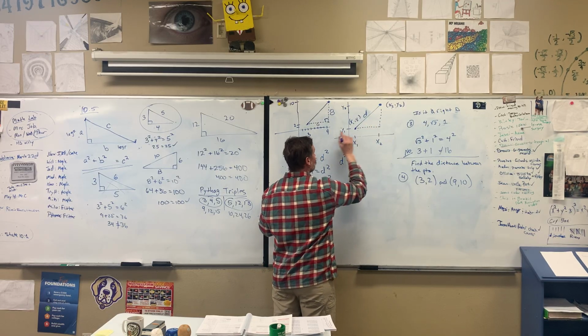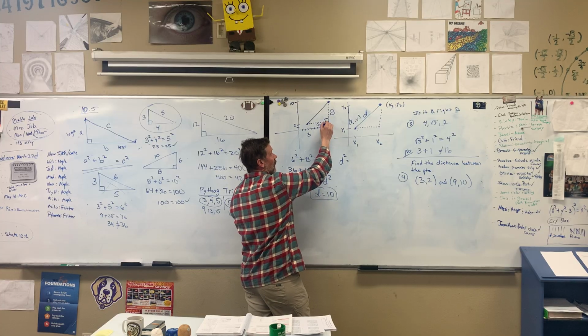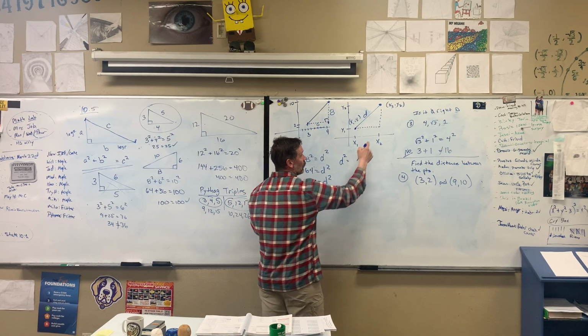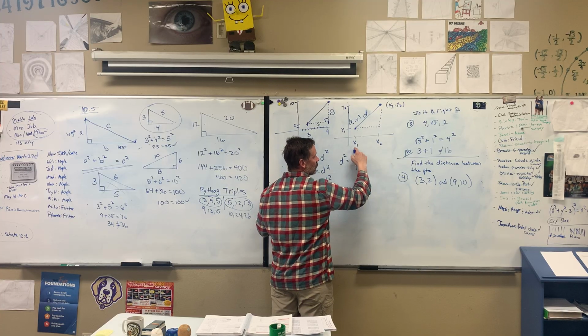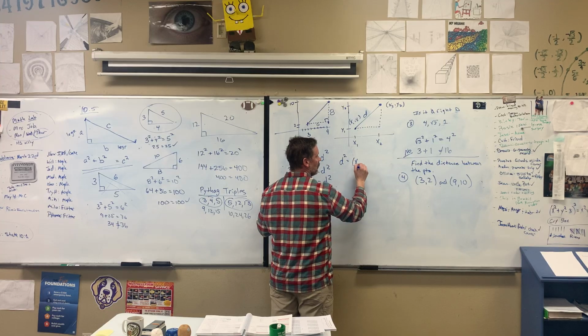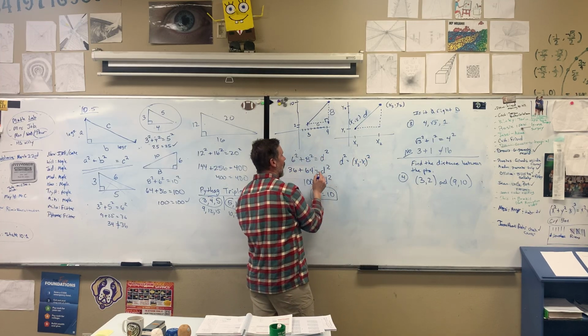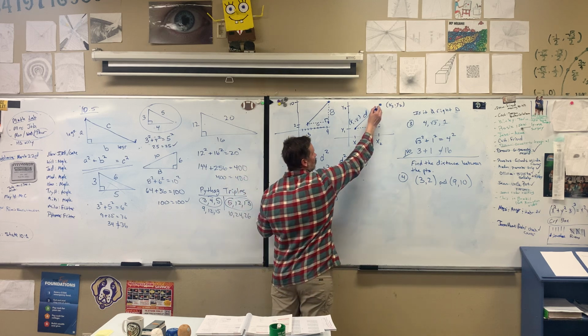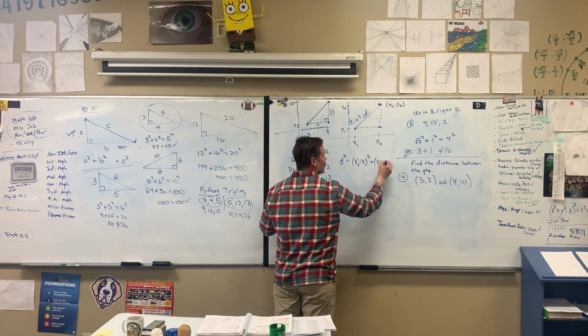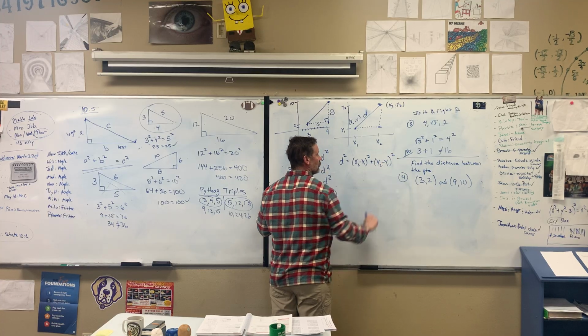Well, how did you find this distance right here? You took 9 minus 3 to give you 6. So here we don't know what this number is, we don't know what this number is, but what I know is I take this minus this, x2 minus x1, and I square it, and then you add it to the y distances subtracted from each other, y2 minus y1 quantity squared.